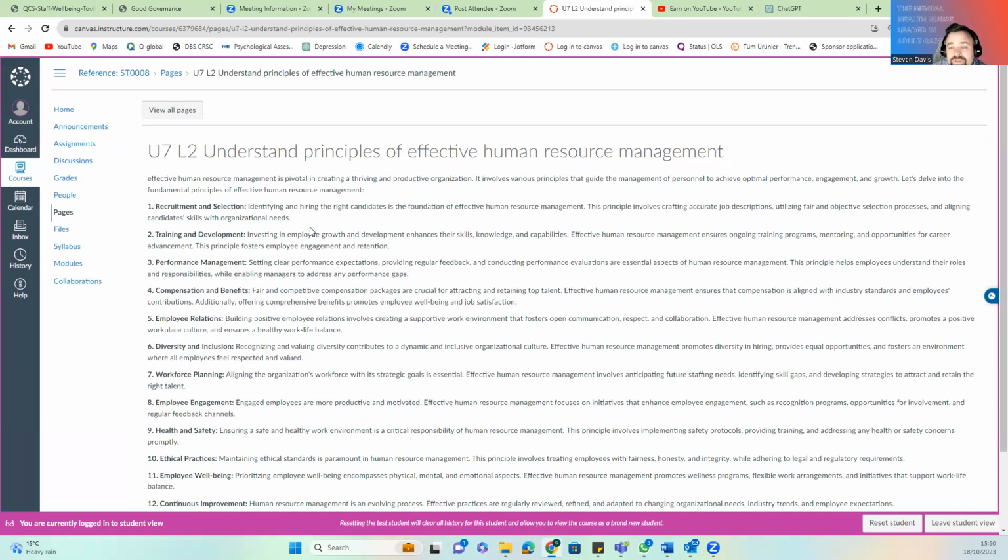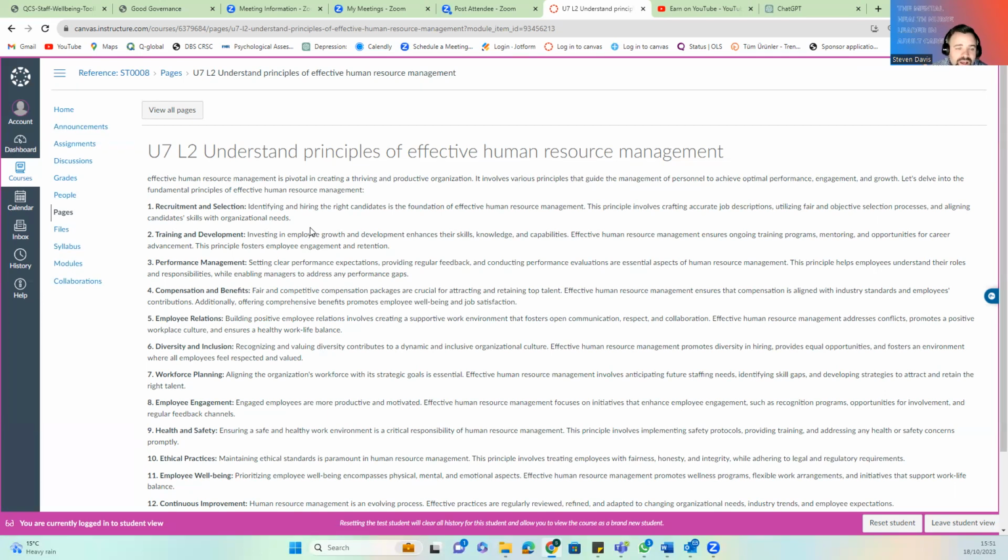That involves crafting the job descriptions, looking at fair objectives, looking at the quality impact, and making sure that you are advertising in line with your policies and procedures correctly. You've then got your training and development, so upskilling of the staff. You've then got your performance management. You've then got to look at what you're paying them for their talent and their benefits.